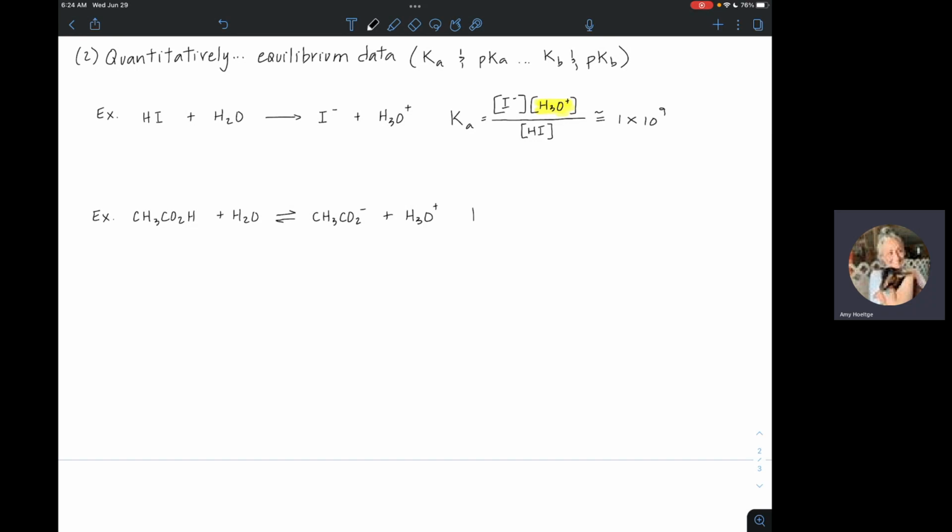And the Ka expression for this, same thing: products over reactants. So this is just the general expression, right?